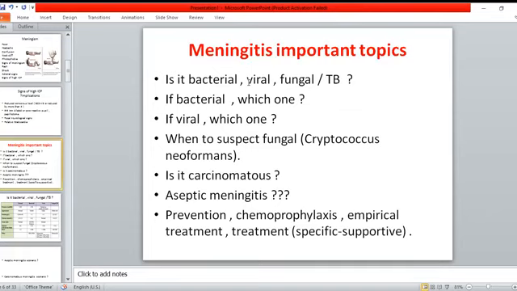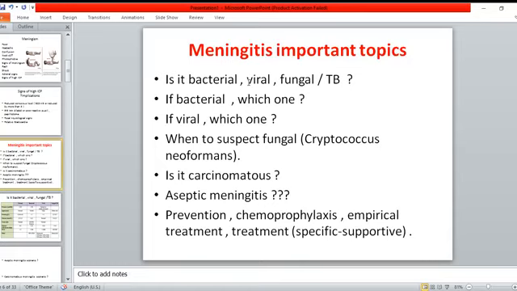Also, we have to think when to suspect a fungal infection, with specific interest in the MRCP exam on Cryptococcus neoformans infection. Some meningitis cases may be non-infectious, like what we call carcinomatous meningitis, and from its name it's related to the presence of some cancer, like lymphoma, breast cancer, lung cancer.